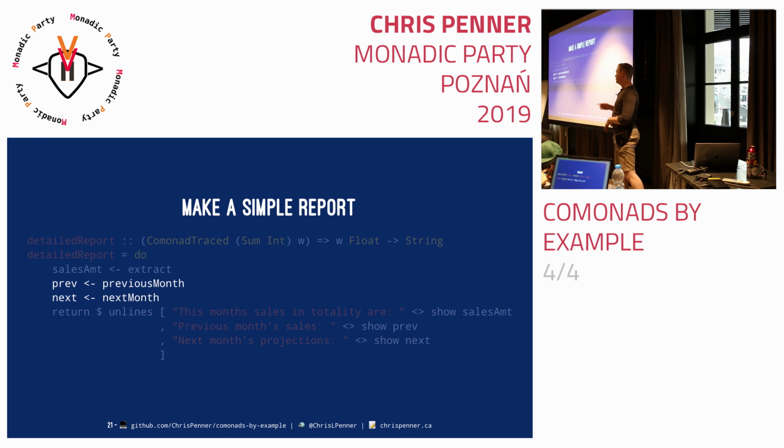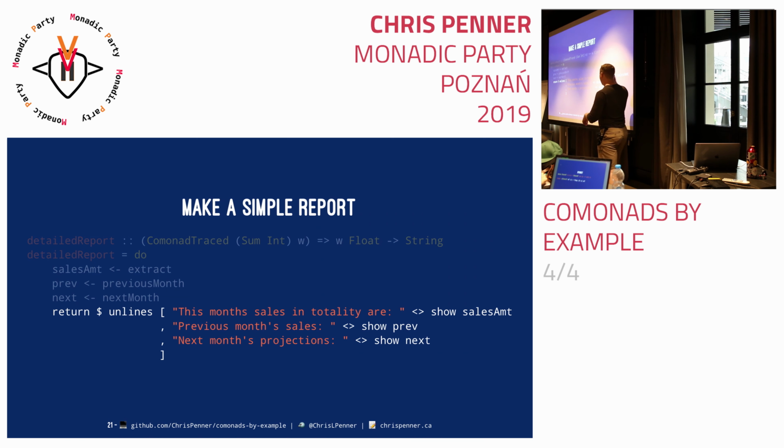Remember, previous month and next month are trace -1 and trace 1, respectively. Then I can build this report and say, well, okay, querying my environment, I've determined that this month's total sales are this, and previous month's sales are this, and next month's sales are that. And we're just going to unlines it into an actual report. Okay, great.